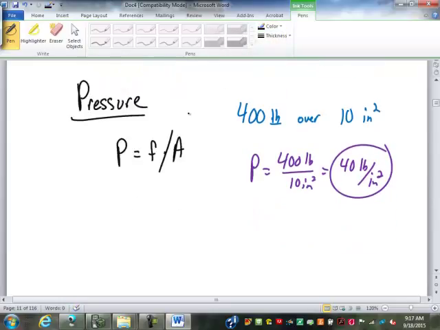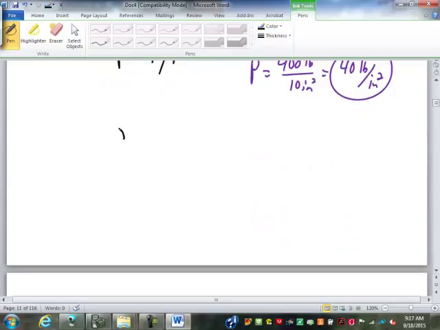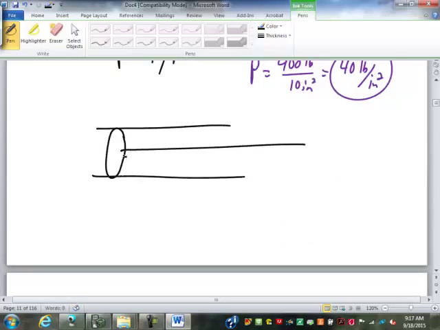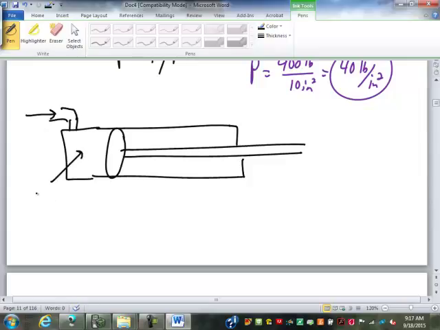So if I have a cylinder, and I've got a pump that's putting fluid into this cylinder through a hose, and this is developing 60 psi, pounds per square inch.